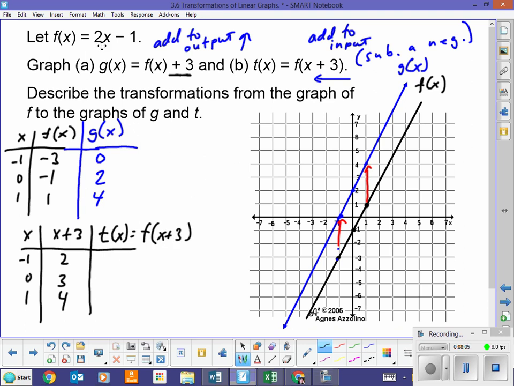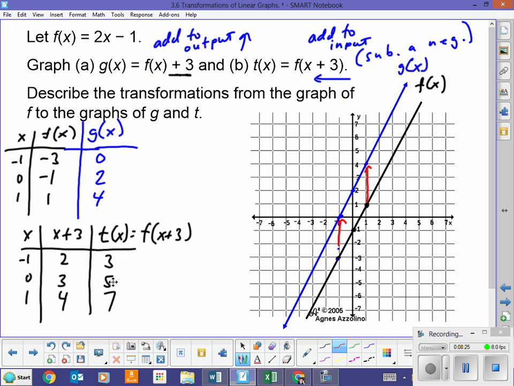Okay, so here's my new input. So 2 times 2 is 4. 4 minus 1 is 3. 3 times 2 is 6. 6 minus 1 is 5. 4, my new input 4. 4 times 2 is 8. 8 minus 1 is 7.